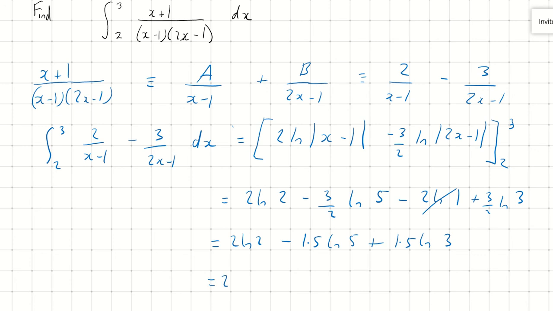And again, that simplifies using log rules. We get 1.5 (log 3 minus log 5), which is 2 log 2 plus 1.5 log (3 over 5).